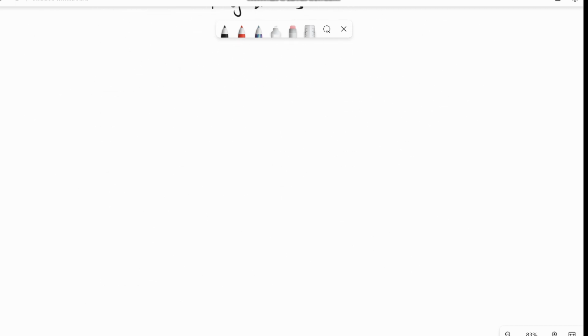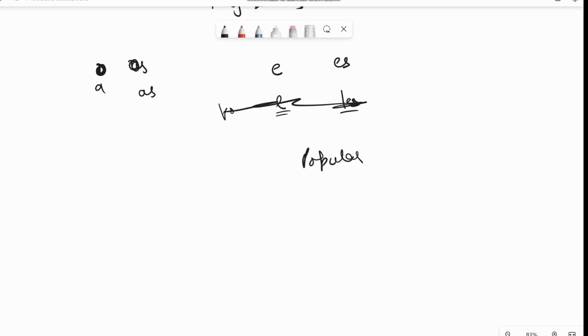Let's go through all the adjective rules again. So again, if an adjective is ending in O, four forms, O, A, Os, As. If it is ending in E, only two forms, E, Es. If it is ending in any consonant, only two forms. For example, popular, populares. If it is ending in OR, four forms, or, ora, ores, oras.